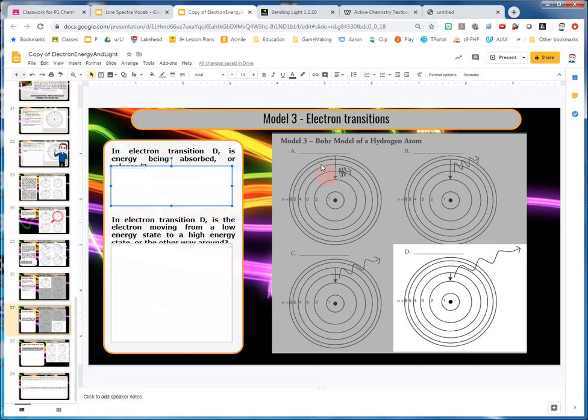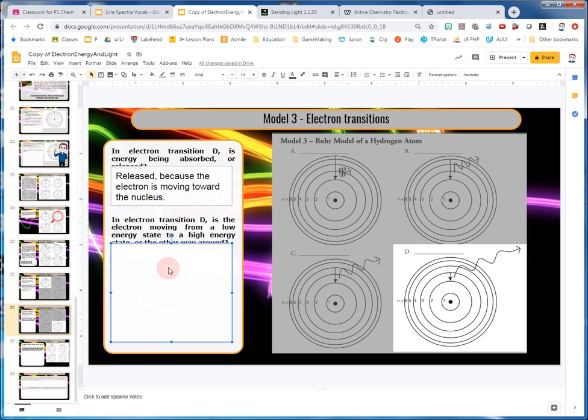Well, this is no different from Model A. It's going from outside to inside. This is going from a higher energy level down to an inside, a lower energy level. So I think this one is released again. Released, because the electron is moving toward the nucleus. Is the electron moving from a low energy state to a higher energy state?